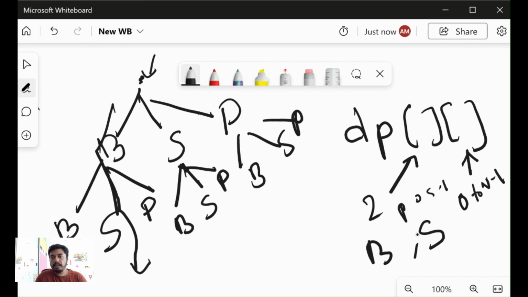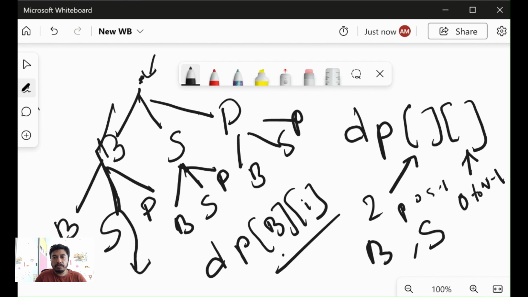So let's say now I can say dp of B, i. What does this value represent? This value represents the maximum profit that I could have made from day 0 to day i, where my last activity was a buy activity.